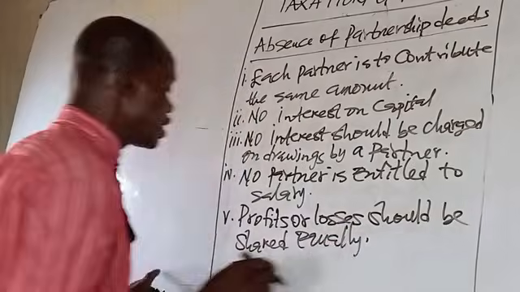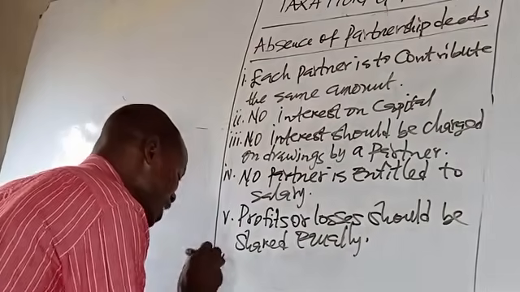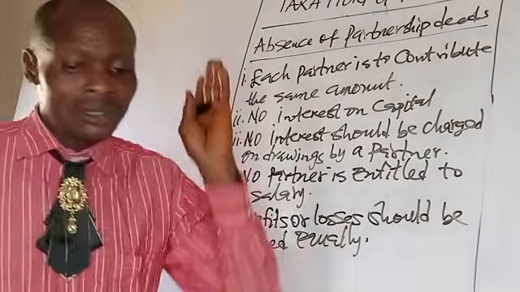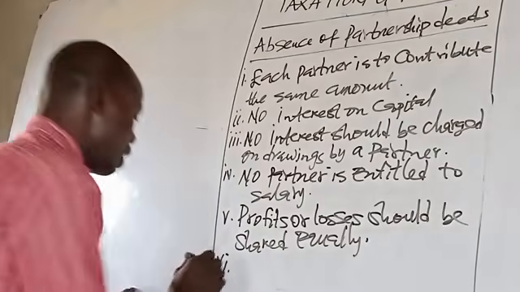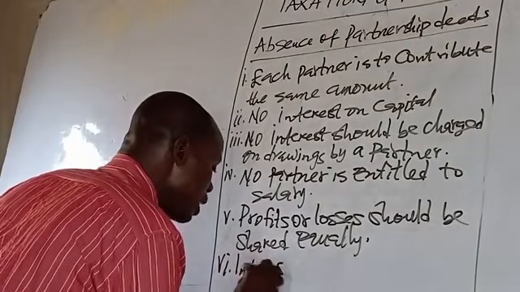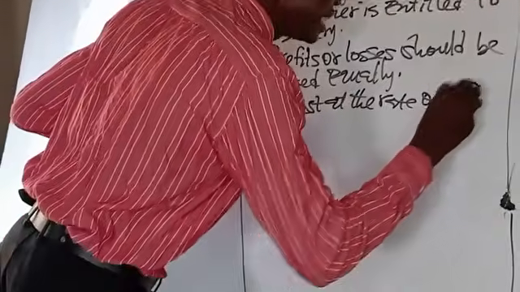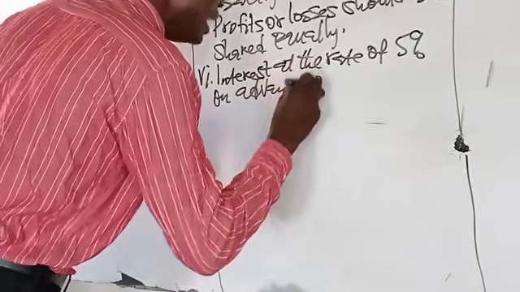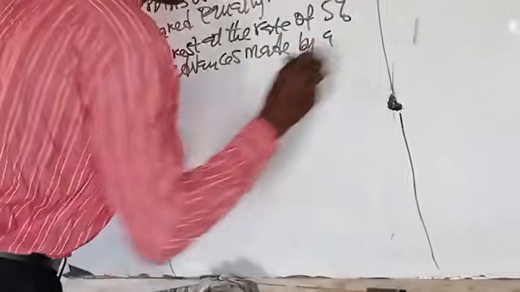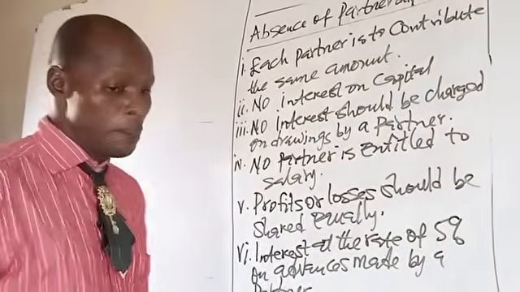Number 6, interest at the rate of 5% on advances made by a partner.